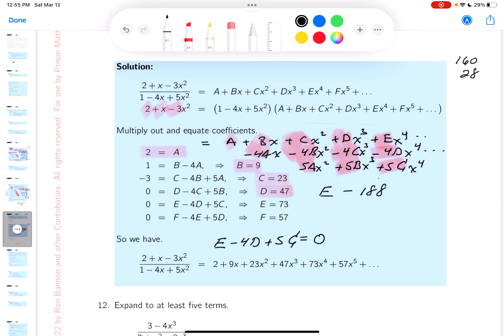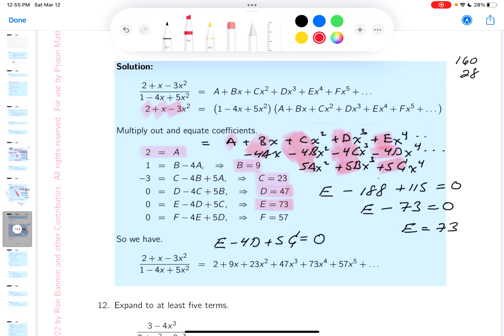And then 5 C's are worth what? 5 C's would be 115. And that better be equal to 0. So E, let's see, minus 73 equals 0, or E equals 73. Let's highlight where that's written.